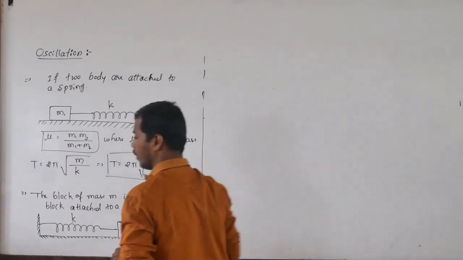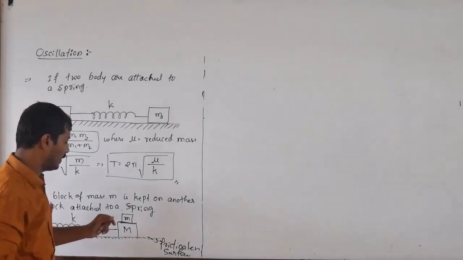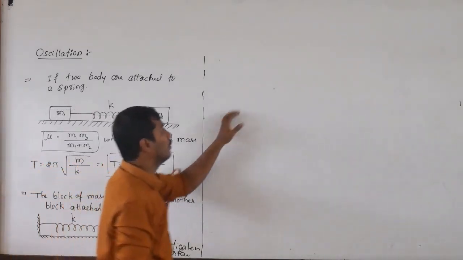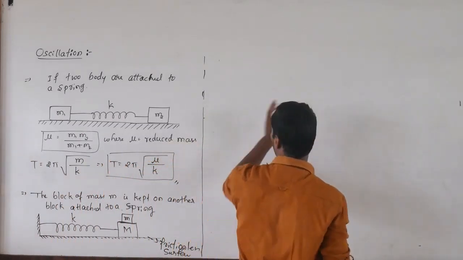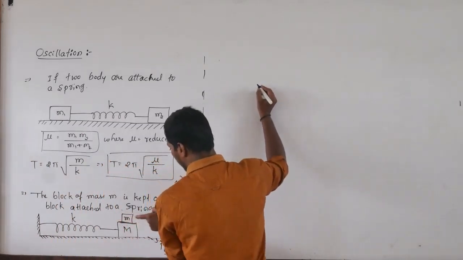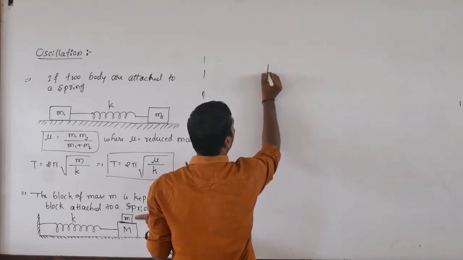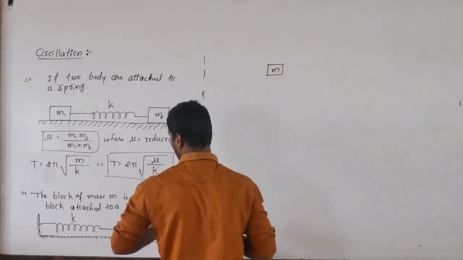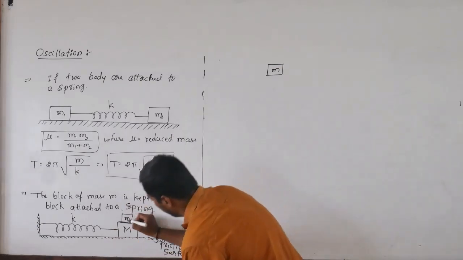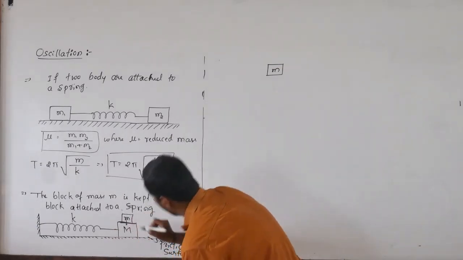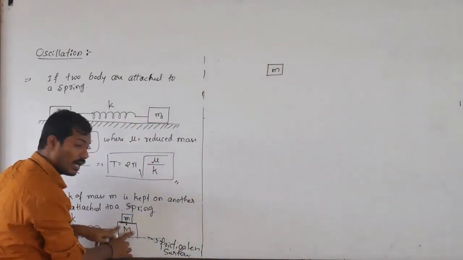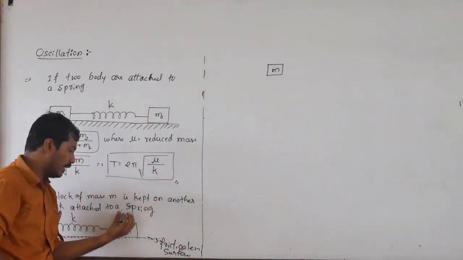Now first we have to check what are the forces on this body. I will draw here the free body diagram. Only this body is there, whose mass is m. This body is kept on the another block, and it has a certain weight.